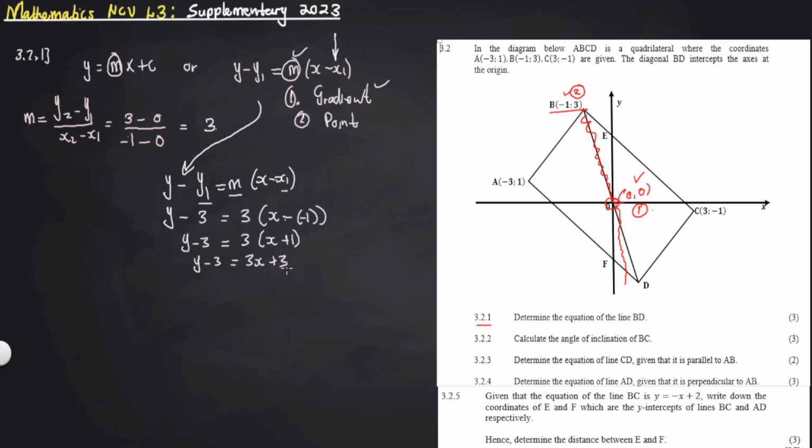We transpose, wait a minute. The gradient is negative. My apologies.